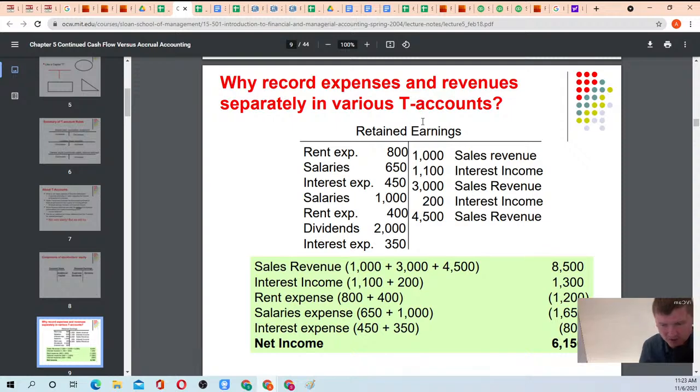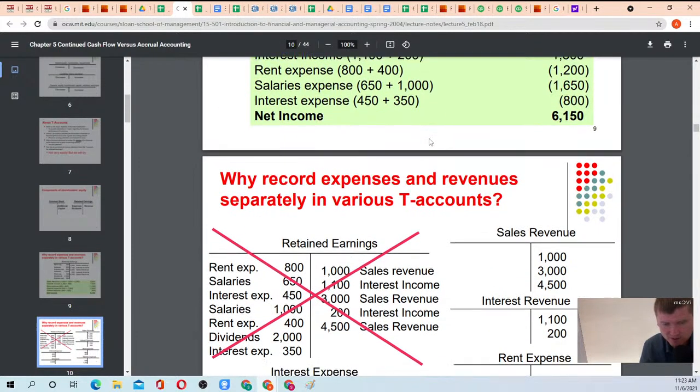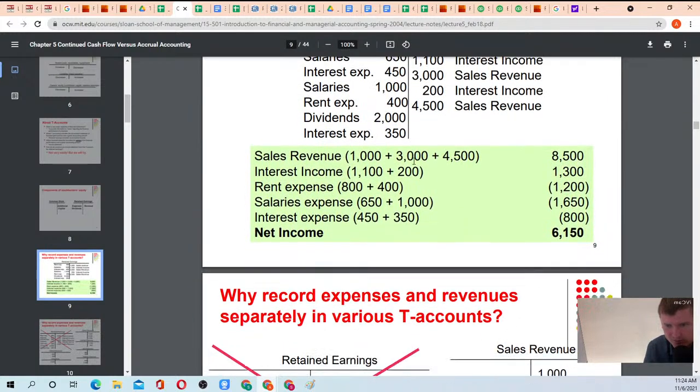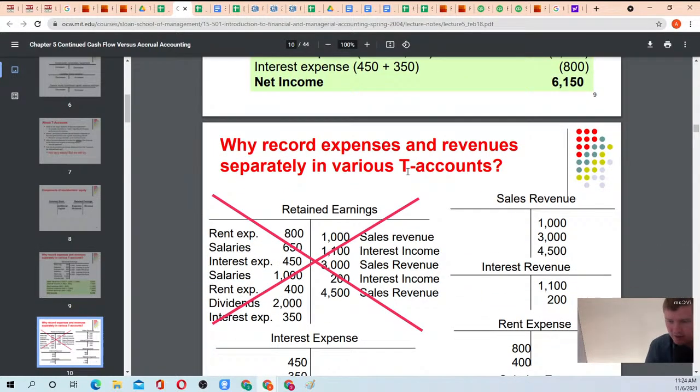It's just to show you some simplification. With the advances in spreadsheets, when everyone uses spreadsheets, I don't feel like T accounts are relevant anymore. But let's do a bit of a flashback 20 years ago.